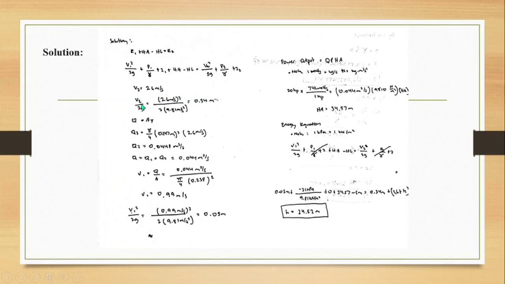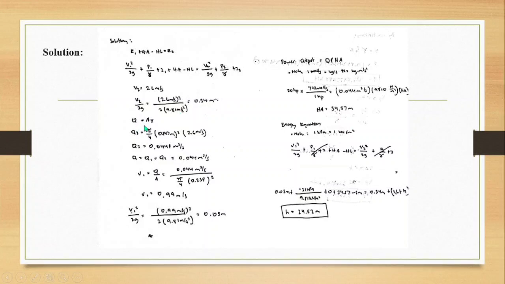So V²/2g: our input here is V2 equals 2.6, so we put 2.6 meter per second squared, over 9.81 meter per second squared, the constant value. Calculating on the calculator, we get 0.34 meter.